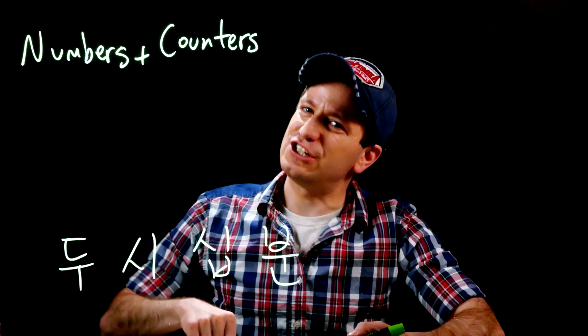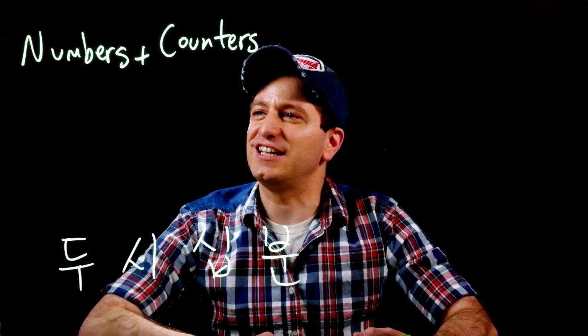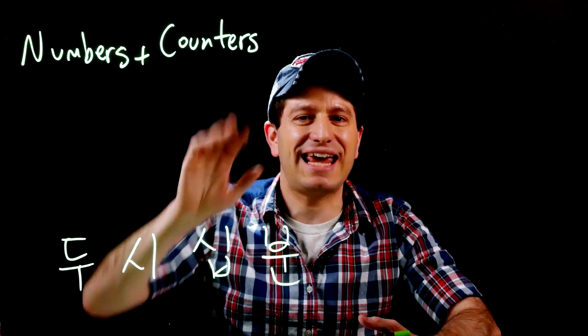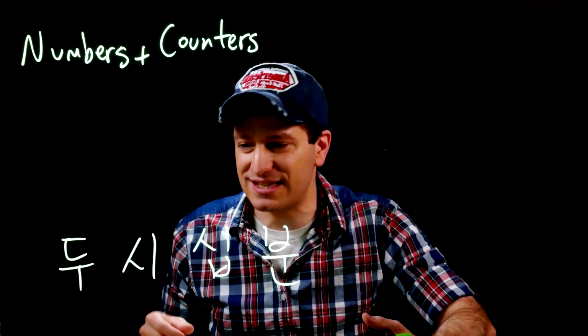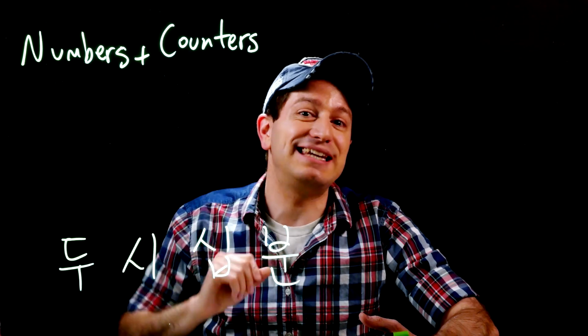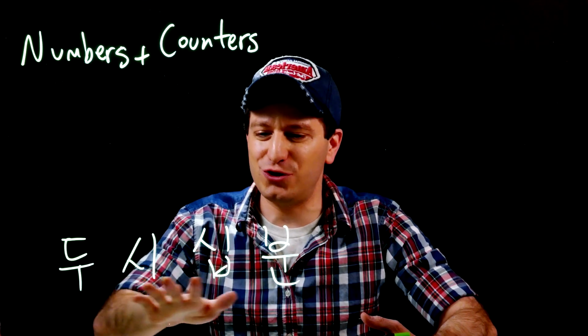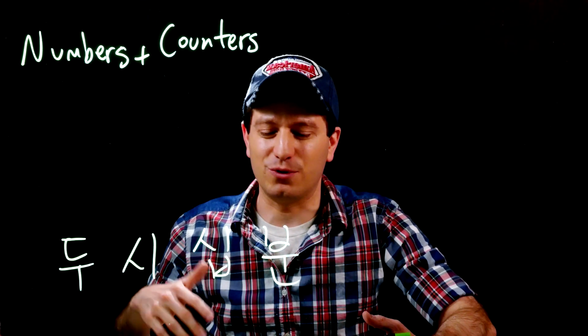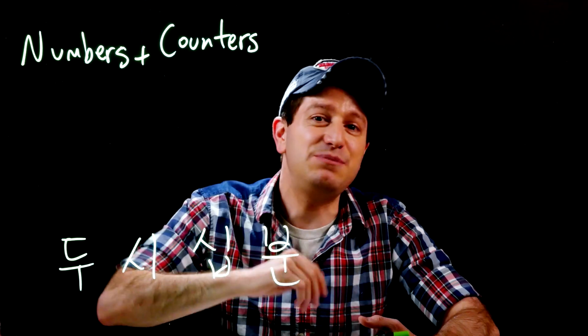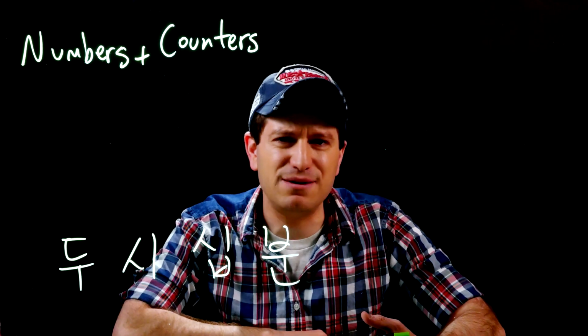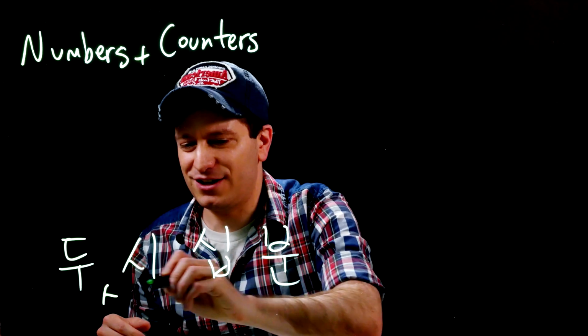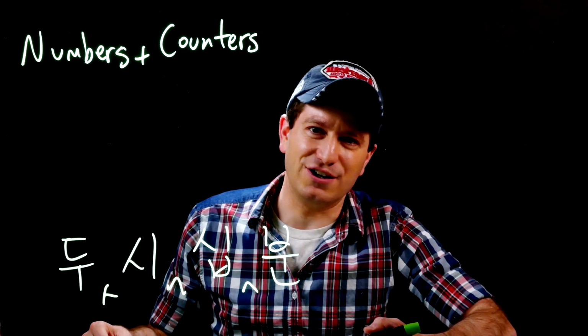This one I know looks a little bit weird, but officially, whenever you're using a number and a counter, you're supposed to have a space between each number and each counter. So 2:10 p.m. or whatever would be 2시 10분, so 2 o'clock and 10 minutes, like that, with a space here, here, and here.